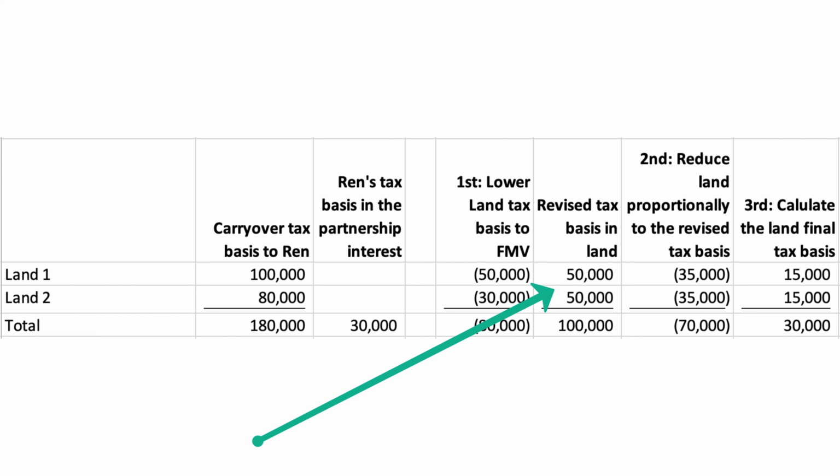In Step 1, we reduced the tax basis of land to their fair market values of $50,000 each. In Step 2, we reduce both of the properties proportionately by $70,000 so that the total tax basis of the land parcels is $30,000. Land 1 now has a final tax basis of $15,000 and Land 2 has a final tax basis of $15,000.